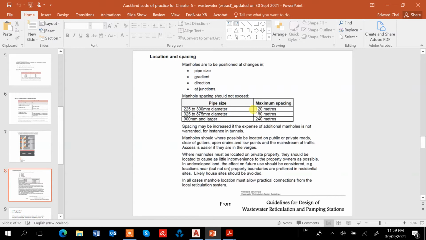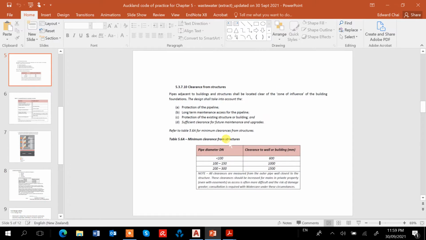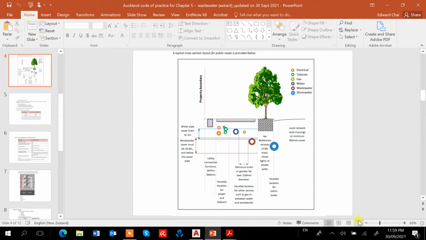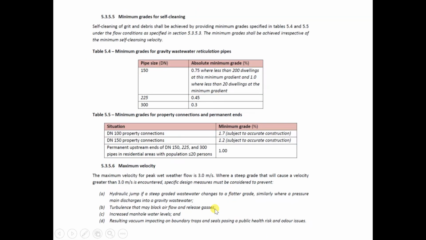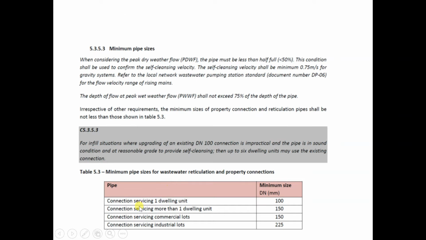Okay, so ours will probably be less than 225. I think we will go for the minimum pipe size, which will be 150. So more than one connection servicing more than one dwelling unit.